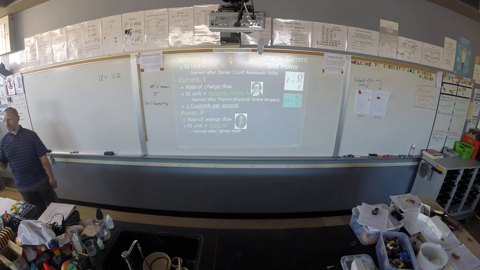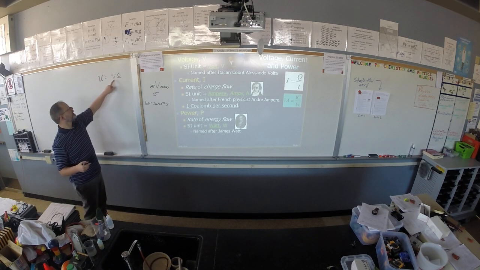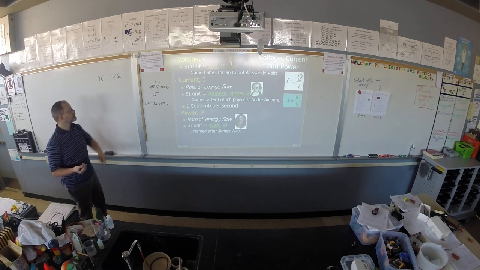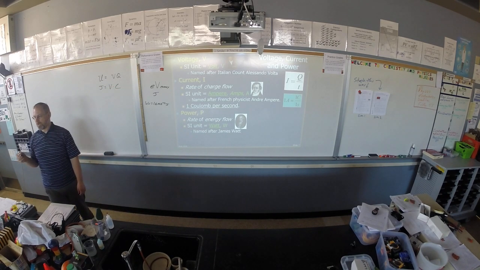So in other words, a charged particle will have its energy changed when its charge is moved through a potential. Make sense so far? So a joule is equal to a volt times a coulomb. Now, let's divide that by time.